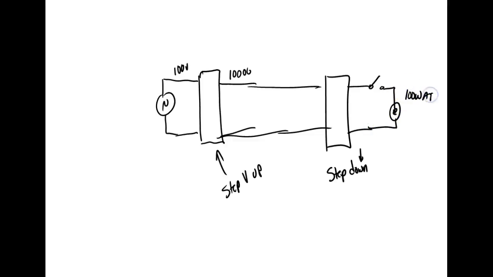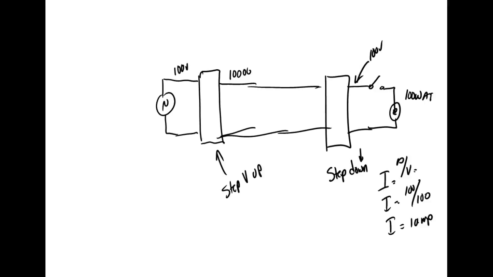And we'll make it very simple. We'll say this is 100 volts. Well, over here, when I turn on that light bulb, that's 100 watts, 100 volts. I is equal to P over V. So I would be equal to 100 over 100. So I is going to be equal to 1 amp.